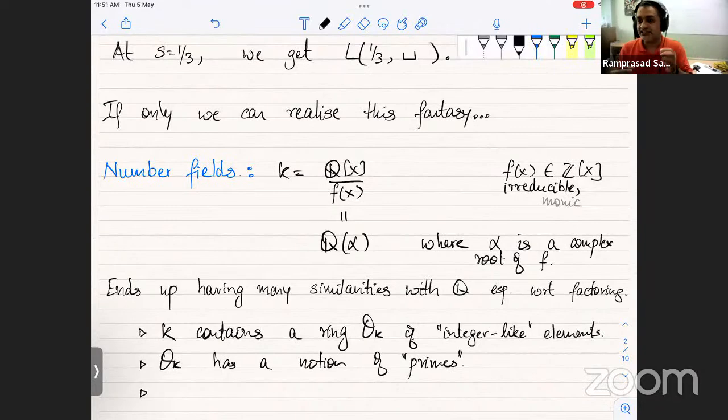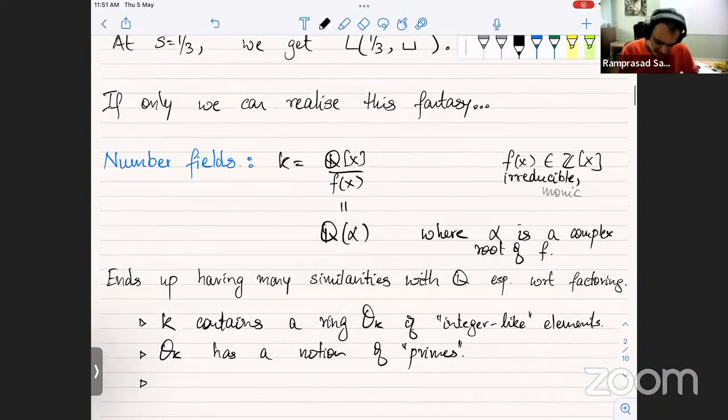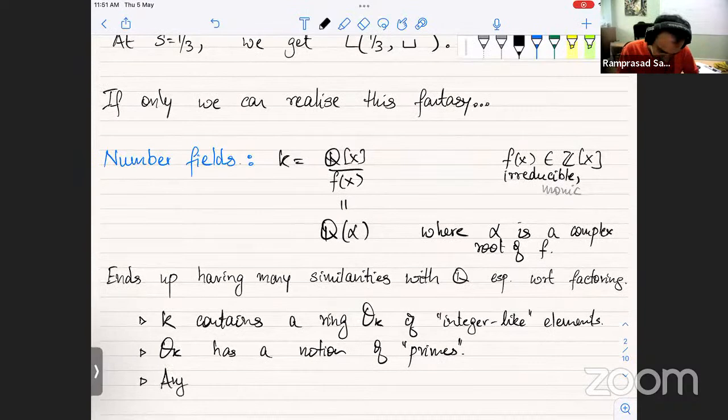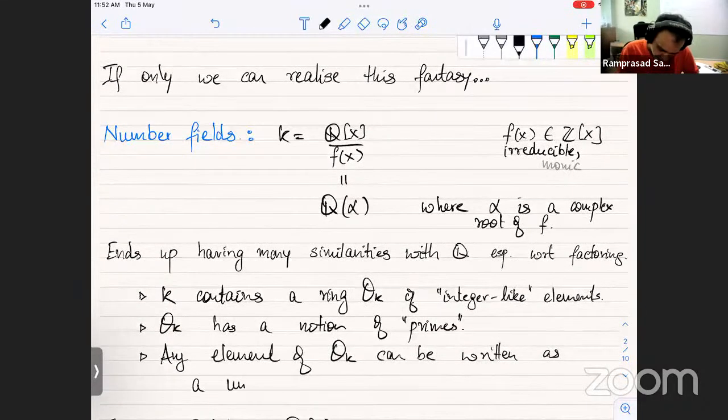But there is a way in which the integer-like elements inside the number field split in terms of these primes, in the sense that any element of O_K can be written as a unit times a finite product of primes.